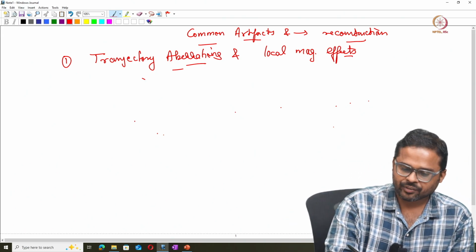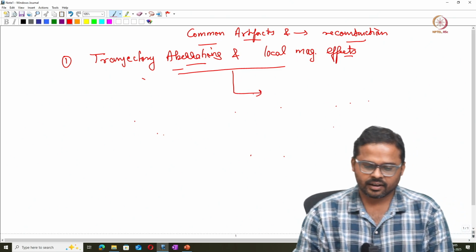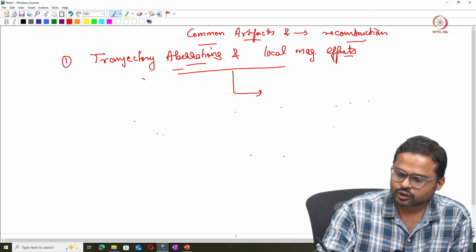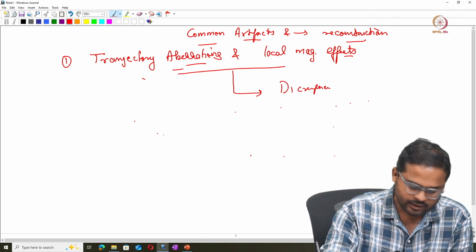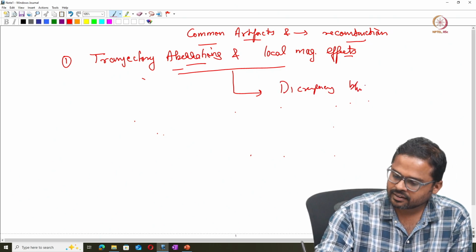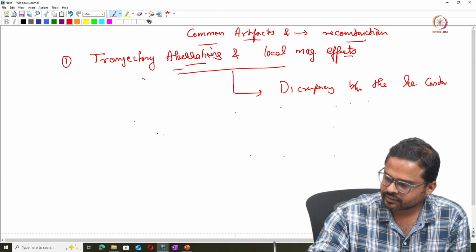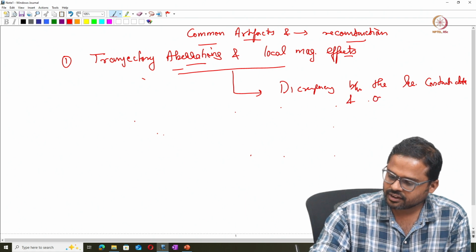Okay, so it means that because of these two, trajectory aberrations and the local magnification effects, there will be a discrepancy between the reconstructed data and the original structure of the needle specimen.